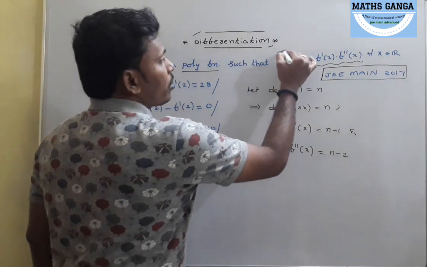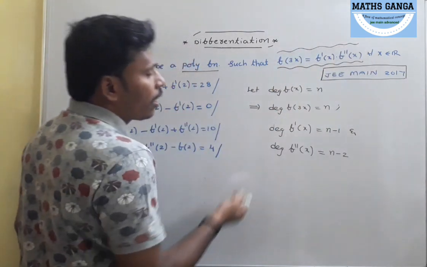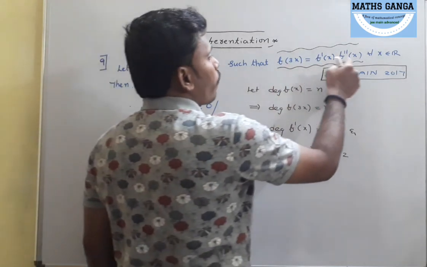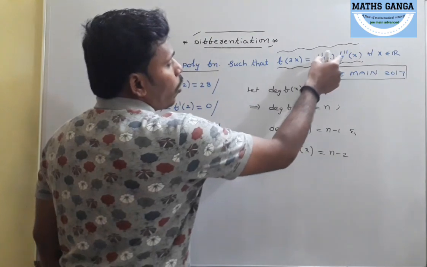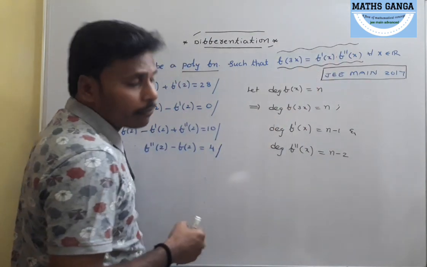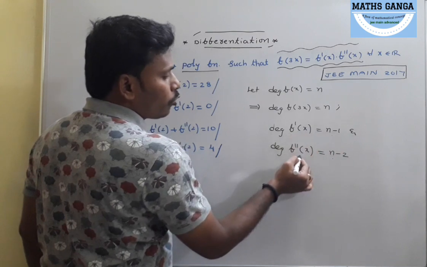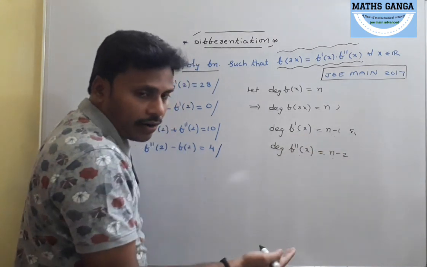Now just think about this given relation. See, f of 3x is a polynomial which is the product of these two polynomials. So what is the degree of this right side? Product of these two. When you multiply these two, the degrees we need to add, right?